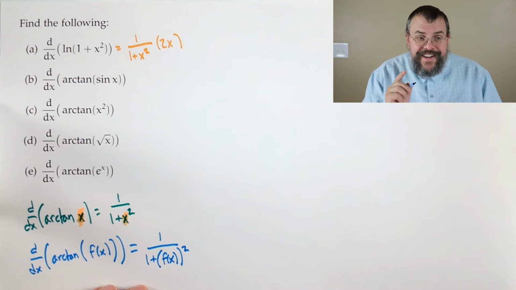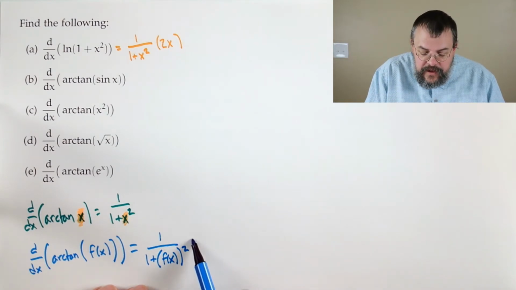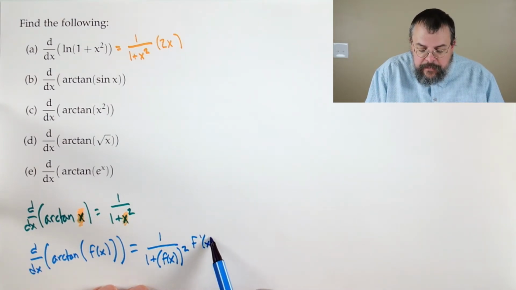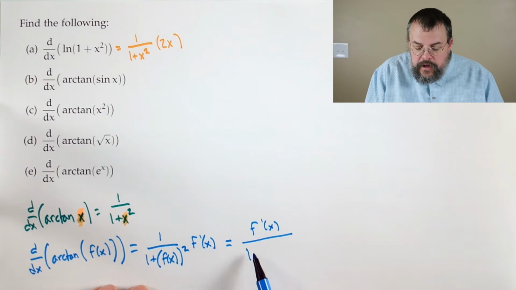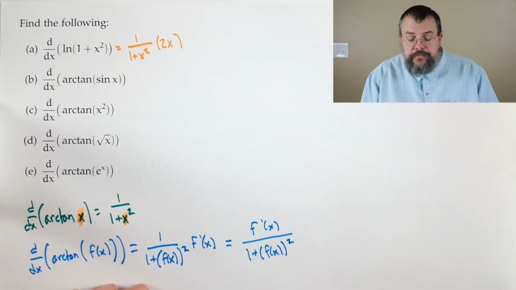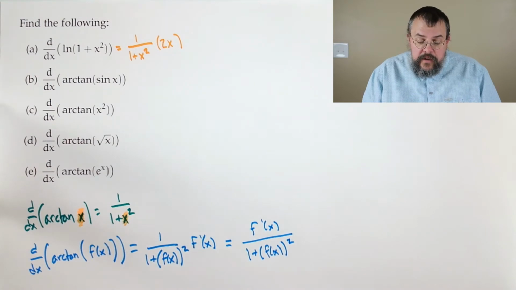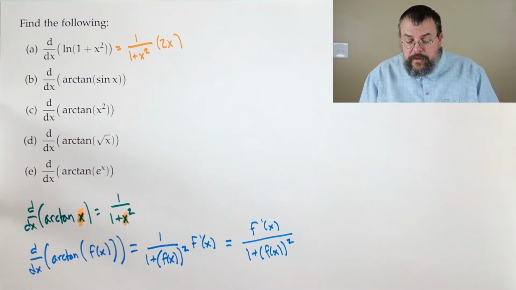Then multiply, on the outside, by the derivative of f of x, f prime of x. So you can write it as f prime of x divided by 1 plus f of x quantity squared. If we remember that rule, it's actually pretty quick to go through and do these problems.